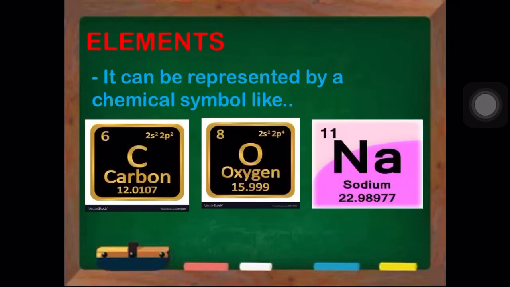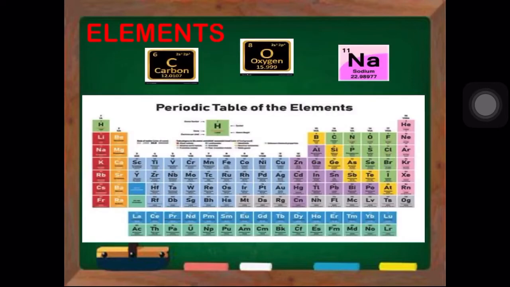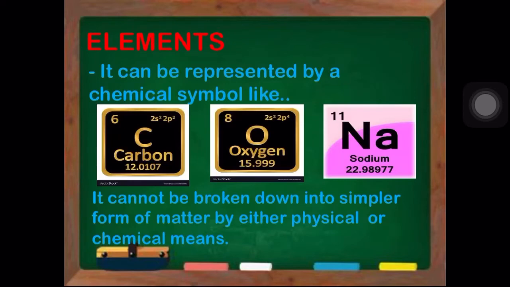Now, elements can be represented by a chemical symbol like C for carbon, O for oxygen, Na for sodium. At lahat ng makikita natin sa periodic table of elements ay mga halimbawa ng elements. Elements cannot be broken down into simpler form of matter by either physical or chemical means.